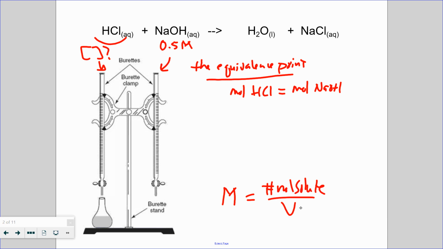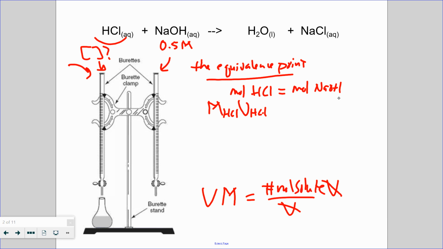I'm going to rearrange this equation and solve for the number of moles of solute. I multiply both sides by volume, and the volume cancels. So the moles of solute is the molarity times the volume. In this particular case, the moles of the HCl, which is the solute in this solution, is the molarity of the HCl times the volume of the HCl.